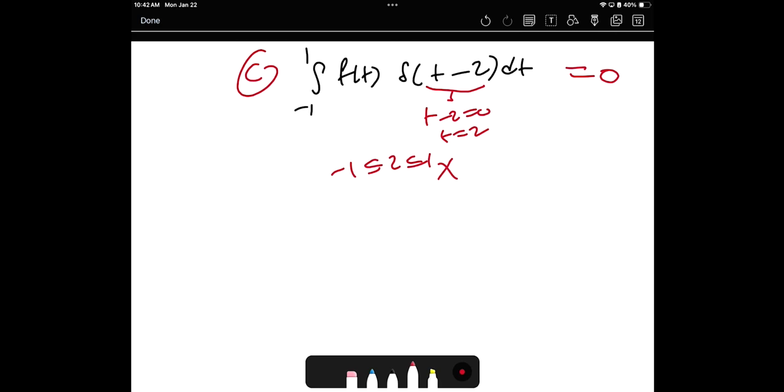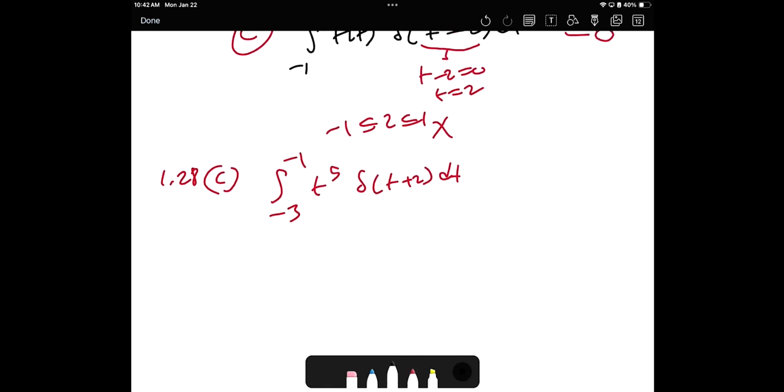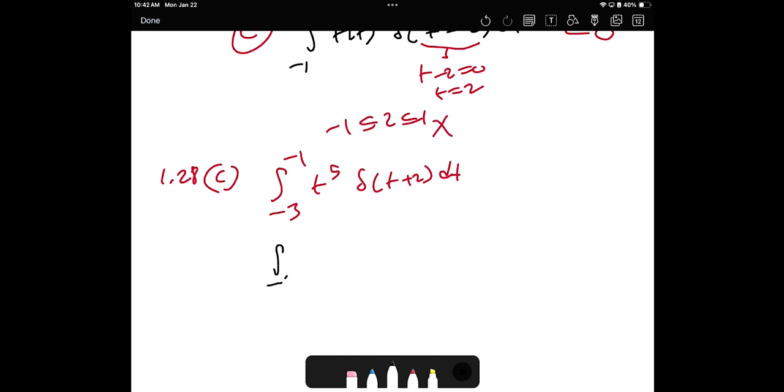Okay, there's one example, I think problem 128c, which is find the integral between negative 3 to negative 1 of t power 5 delta t plus 2 dt. So basically, to solve these kinds of problems, to avoid the confusion, you can say the integral between negative 3 to negative 1 of f of t delta t plus 2 dt, such that f of t equals t power 5.